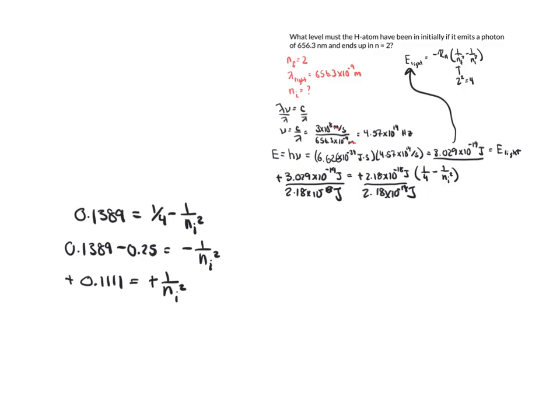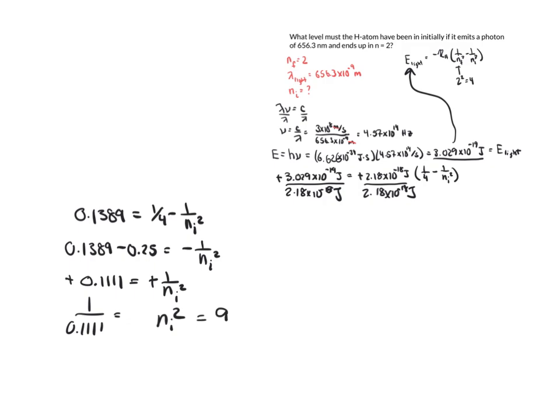Now what I want to do is I need to flip this over because I don't want 1 over n squared. I want n, right? So I need to flip this over. So that means I have to flip both sides over. So 1 divided by 0.111 equals n initial squared. So 1 over this number is equal to 9.